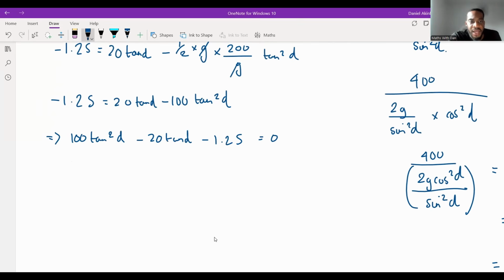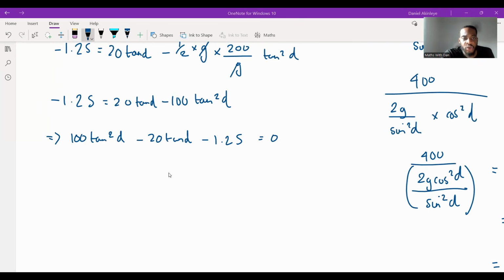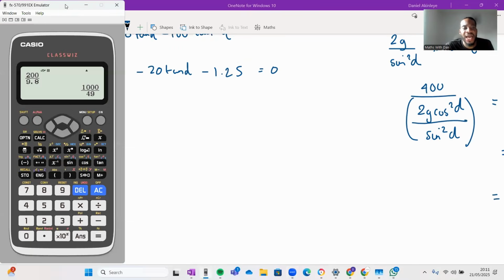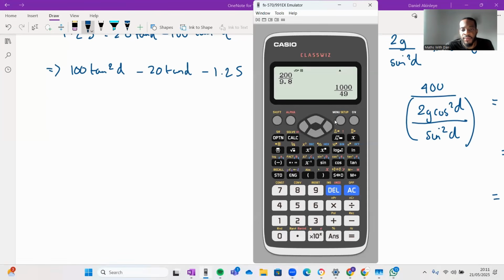So plugging that into the quadratic solver. Remember, tan alpha is like x, right? So we'll plug that in there: polynomial, degree 2, with coefficients 100, minus 20, minus 1.25. Is everybody happy that this is a quadratic, by the way?